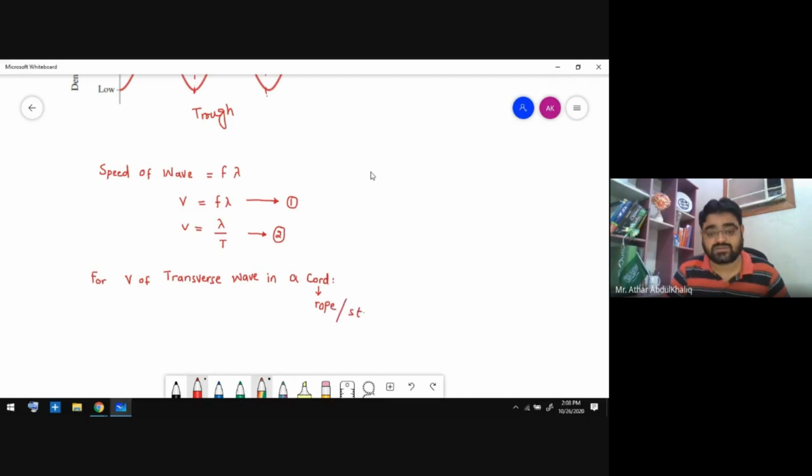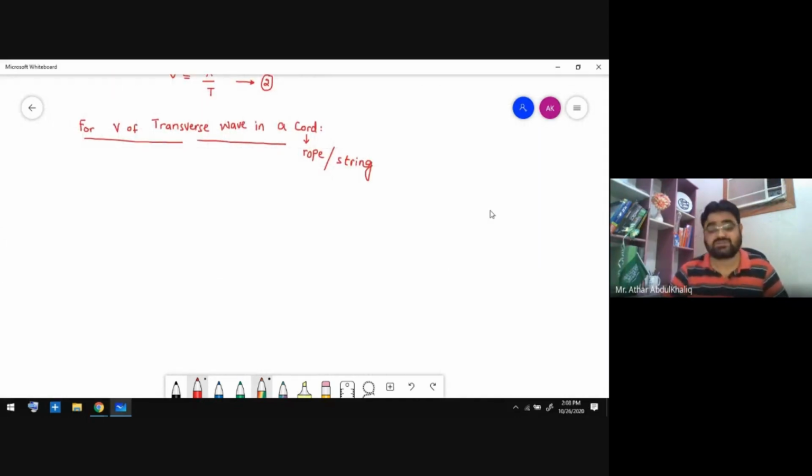For a transverse wave in a cord or string, there is another formula for the speed of the wave. Let me write this one first, then I will explain it. The speed of the wave in a cord is calculated by V is equal to the square root of Ft by mu. Here V represents speed.